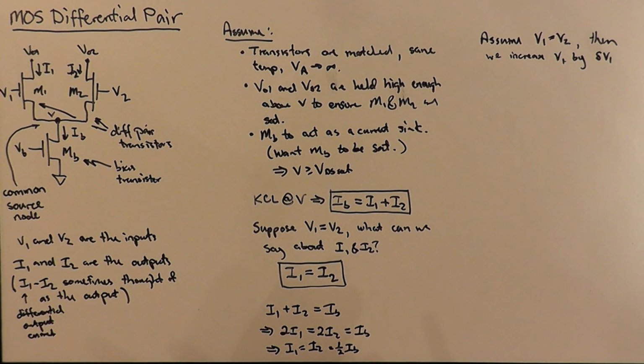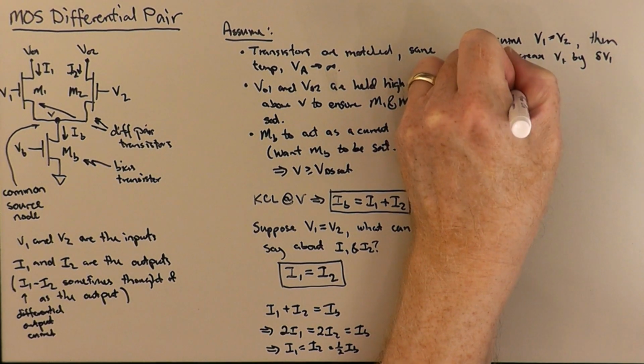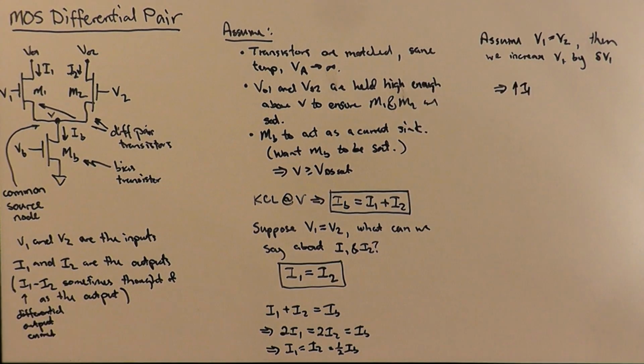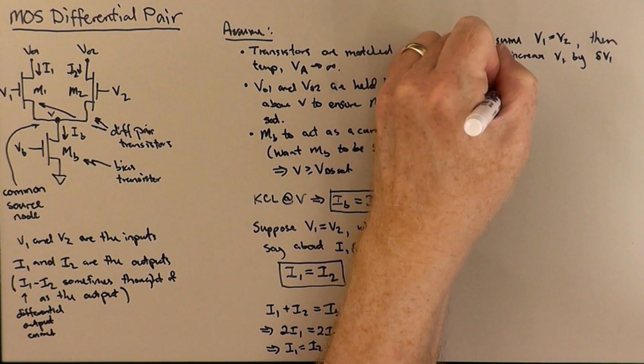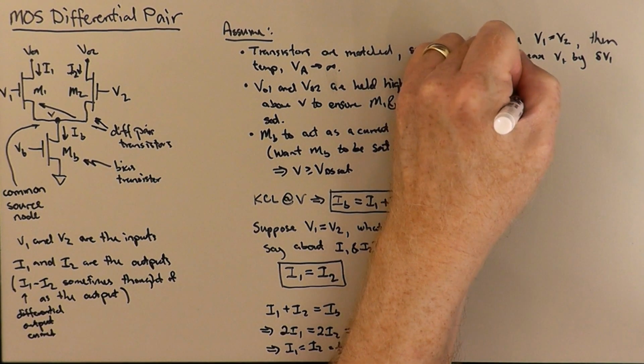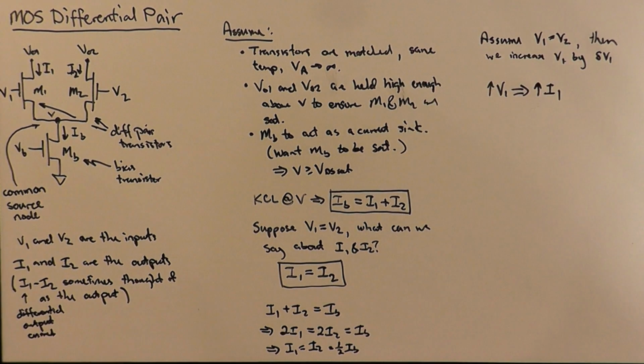Well, the gate voltage of an NMOS transistor, if we increase it, would increase I1. So an increase in V1 leads to an increase in I1. That increase in I1 means that more current is coming out of M1 than we had before.